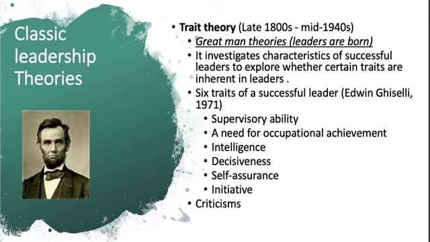The second is a need for occupational achievement, so they need to self-develop. They need to have a motivation to develop themselves, right? They always need to be intelligent. They have to make decisions. They have self-assurance. They always believe in themselves, and they have initiative. They can start to do things.